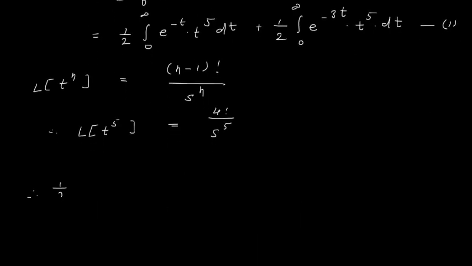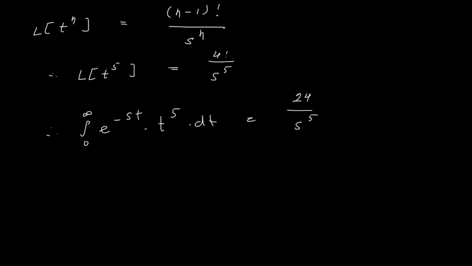So therefore, apply the formula. Therefore 0 to infinity e raised to minus st into t power 5 dt, this will become 4 factorial. 4 factorial is 4 into 3 into 2, so 24 upon s power 5. So therefore if I replace s with 1, I will get 0 to infinity e power minus t into t power 5 dt.